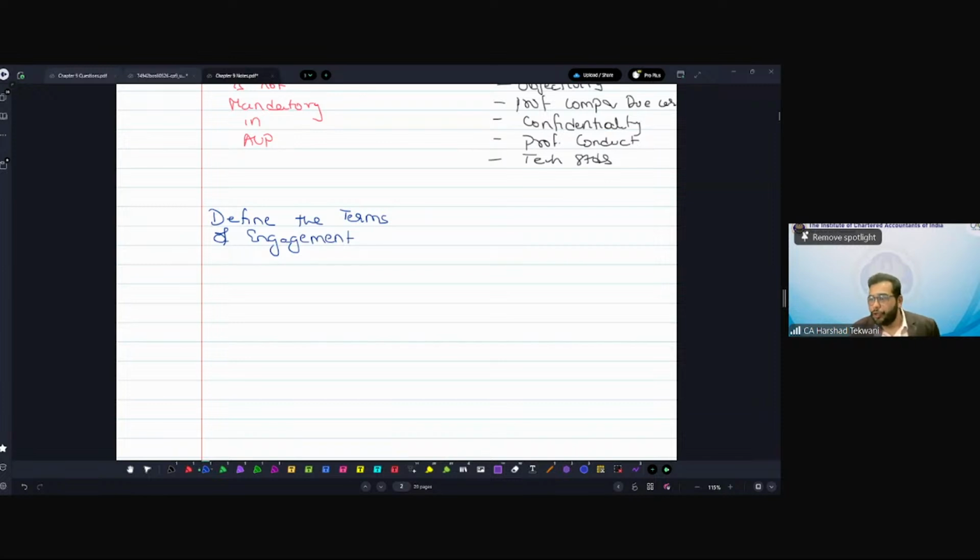Now, what could be the terms of engagement here? Terms of engagement will basically talk about, one, the nature of engagement. What is the nature of engagement, or what is the type of procedures that will be undertaken? Nature of engagement, or you can say type of procedures.